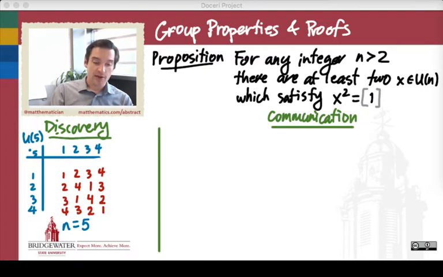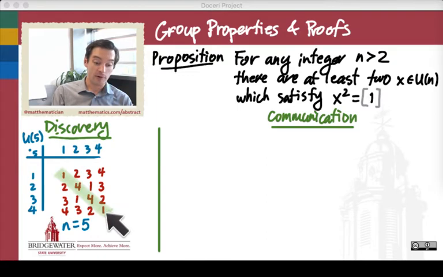If the question is to prove why it's always the case that there are two elements whose square is equal to 1, let's take a look at the perfect squares in my Cayley table, in other words, every element multiplied by itself. I can find those all on the diagonal. Here's 1 times 1, it's 1. Here's 2 times 2, it's not 1. Here's 3 times 3, it's not 1.